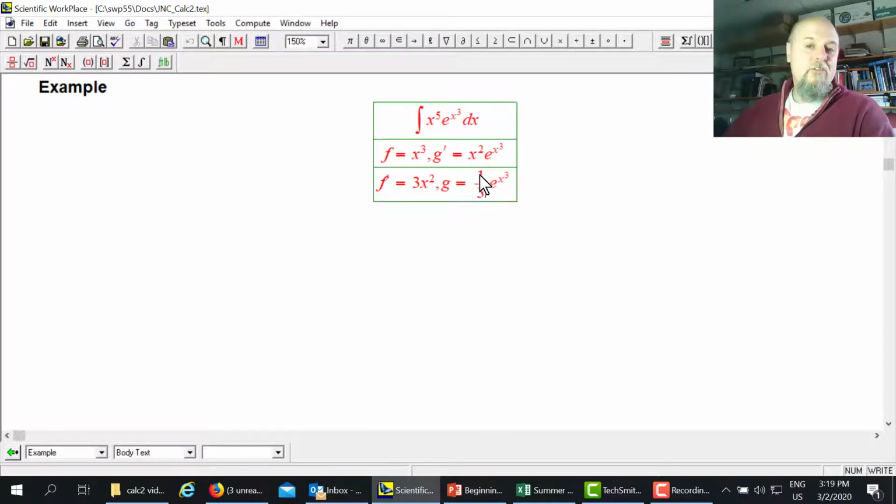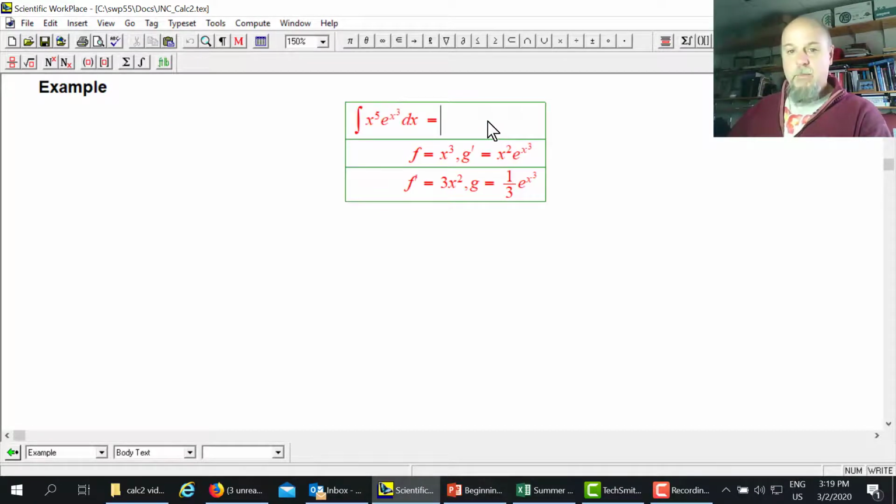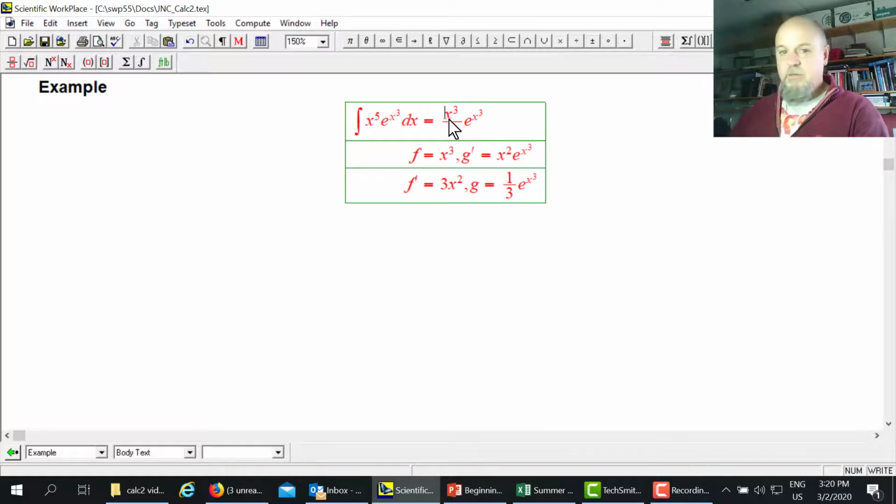The 3x squared, I just want it to be x squared, so that's where the 3 is. So integration by parts equals f times g. Let's put that on top. F times g minus the integral of the two things I made.